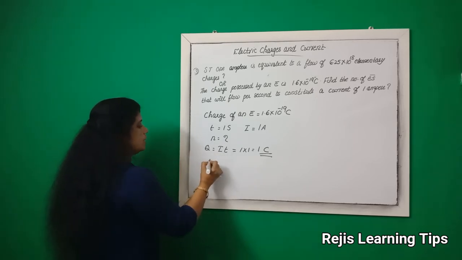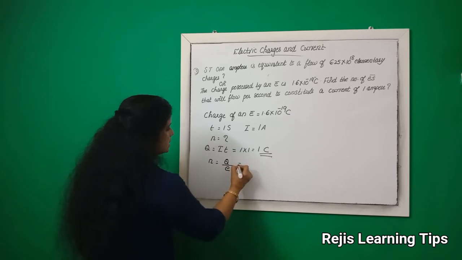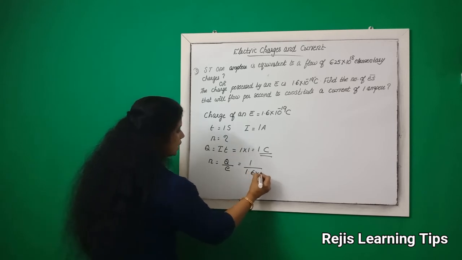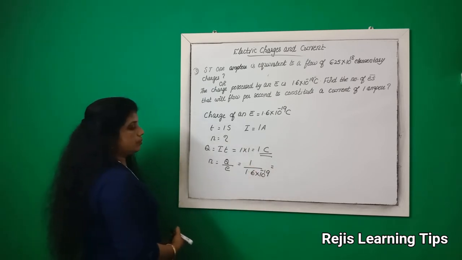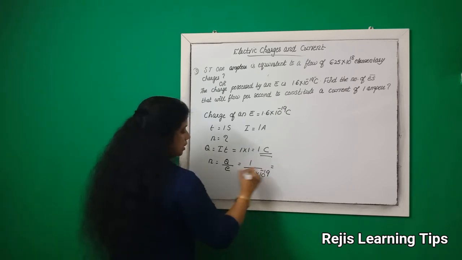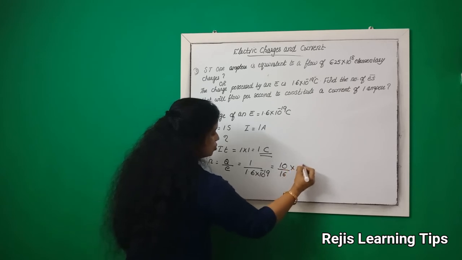Then we know N is equal to Q by E. Q is 1 coulomb divided by E, the charge of an electron, that is 1.6 into 10 raised to minus 19 coulomb. That is equal to 10 divided by 16 into 10 raised to 19.